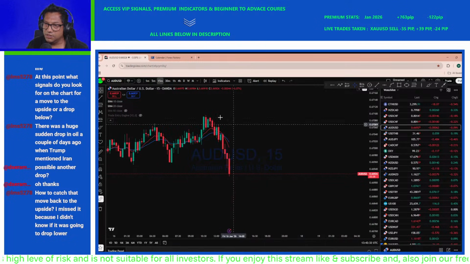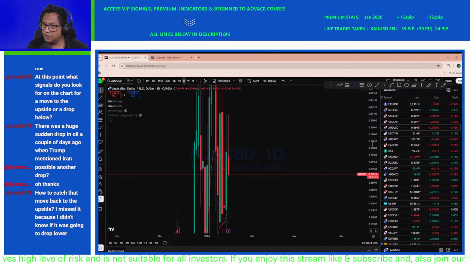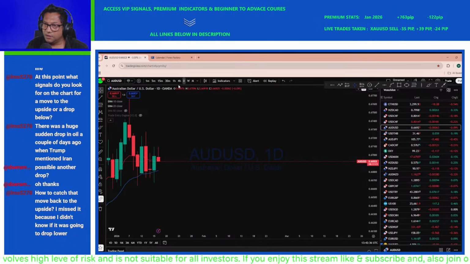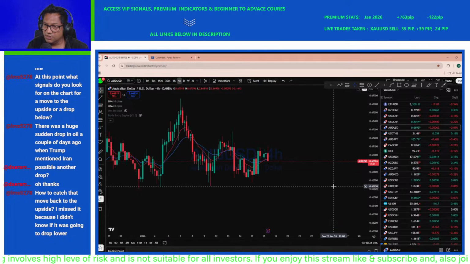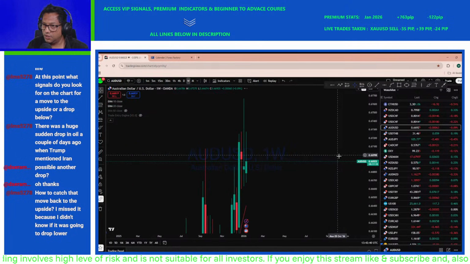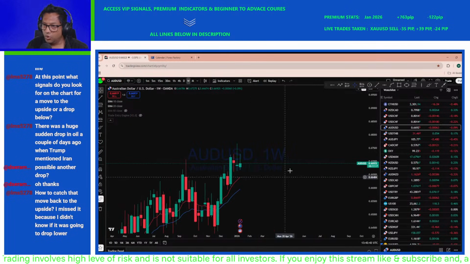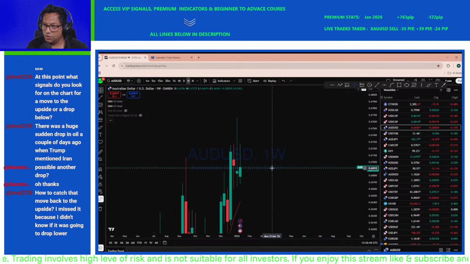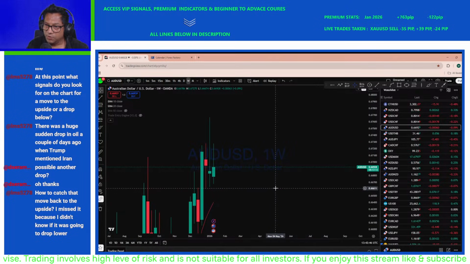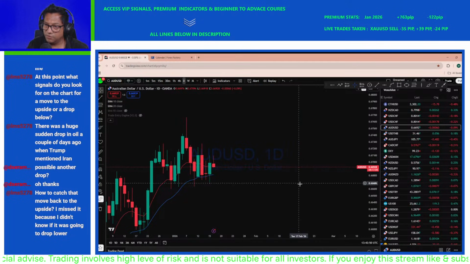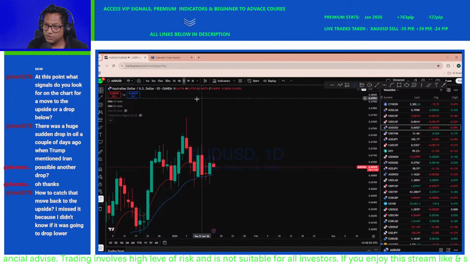AUD USD is having a downtrend here that you can see. If you look at the weekly, weekly price action looks very different. So we are almost nearing the end of the week. You can see that this is a bullish market on the weekly. The daily also created bullish price action.